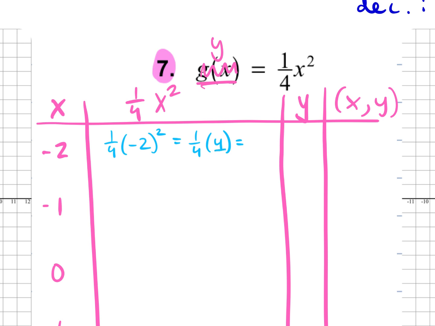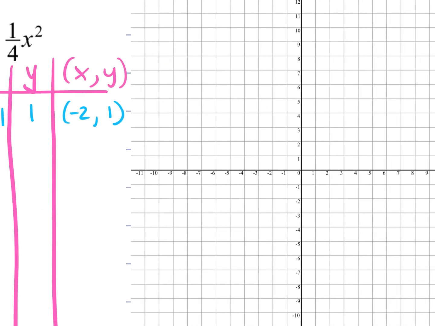Be careful, 4 would be 4 over 1. You multiply straight across. So it'd be 4 over 4, which simplifies to 1. So our Y would be 1. So our point here is -2, comma 1. Does that make sense? Okay. So we're going to go to the left to -2 and up 1.